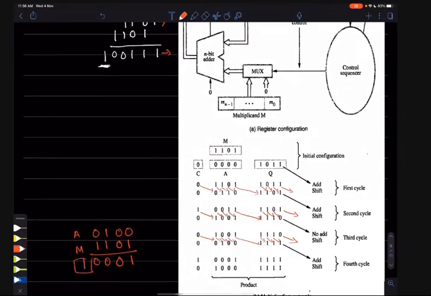This is the carry. The result stored in A is 0001. This is the result after addition, and 1 is the carry. So 1 will be stored in the C flip-flop and the rest of the result will be stored in the A register.